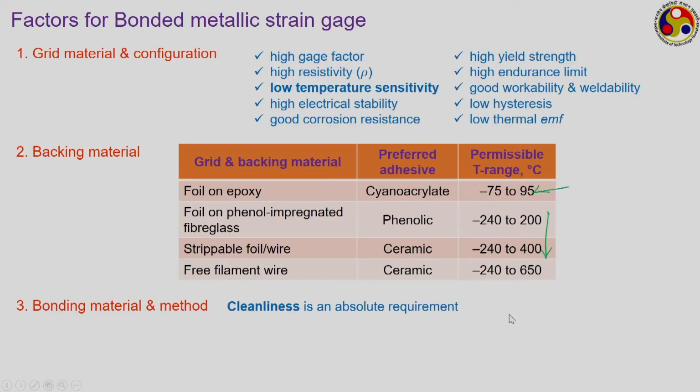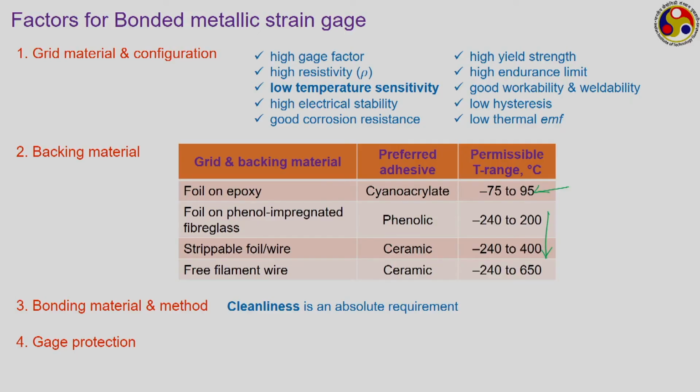The measurement site has to be absolutely clean, perfectly free from any kind of dirt or oil or moisture, even paint. We always want the specimen to be as clean as we can have, removing any dirt and moisture, removing any traces of paint from that surface, and then fix the strain gauge on the bare surface with utmost cleanliness.